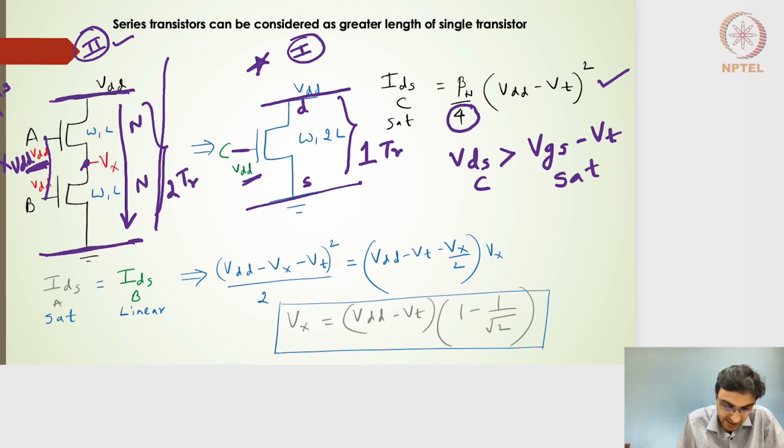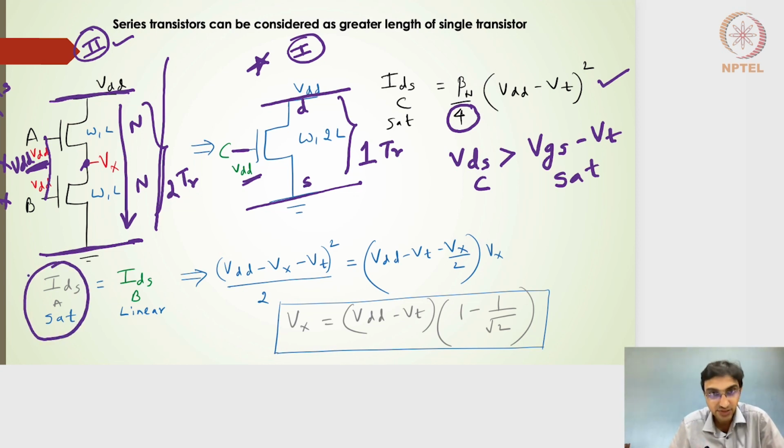The VDS value is also VDD minus Vx. So the transistor A will be operating in the saturation region because VDS is greater than VGS minus VT. So that's what I have written here. The IDS current for transistor A is in the saturation region.